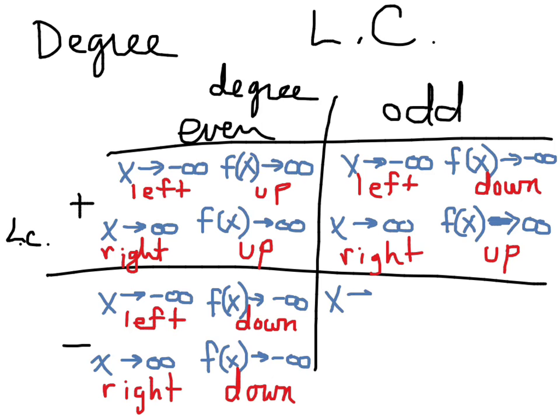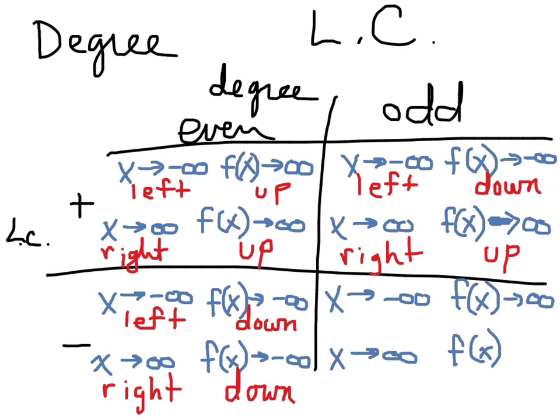As x goes to negative infinity, f of x is going to go to positive infinity. I listened to Abby. She said up first, then down. As x approaches positive infinity, so left, right, up, down.